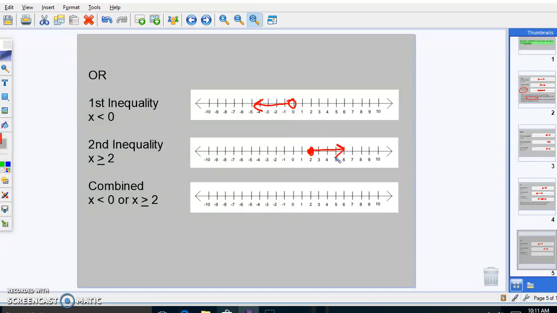When I combine these two, I take both graphs and put them on the same number line so I can see both inequalities together, and you can see again how they are moving in opposite directions. In this case, you can't write it as one big inequality. You still write it as two separate inequalities, but in between them, you use the word "or."